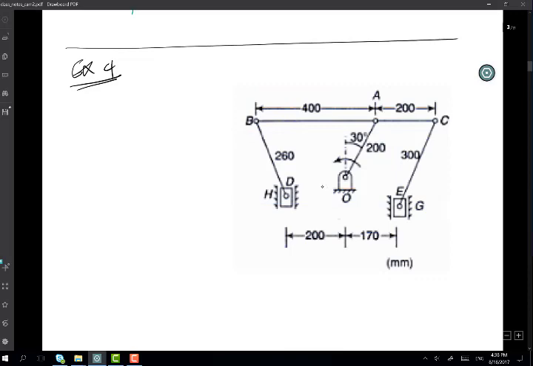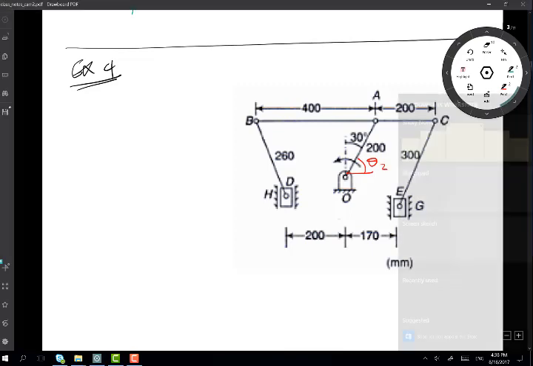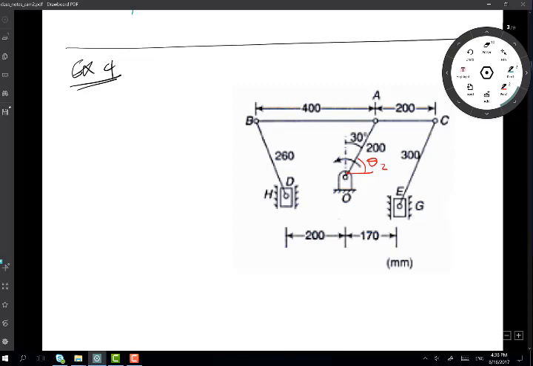Then this value here is my theta2, right? If theta2 changes to any other value, find where every point is. So if theta2 is equal to, let's say, 60, 80 or 120 or something like that, draw the linkage.